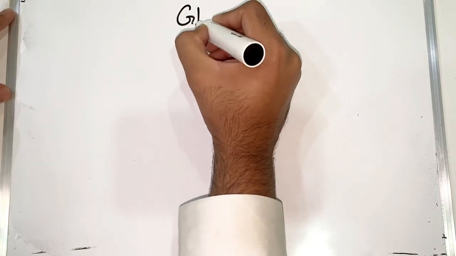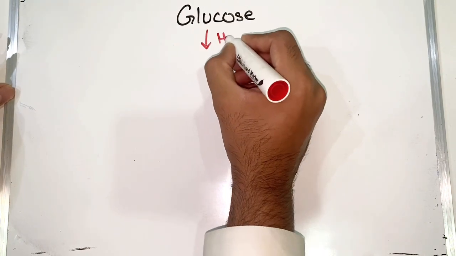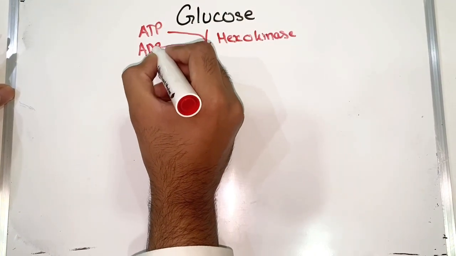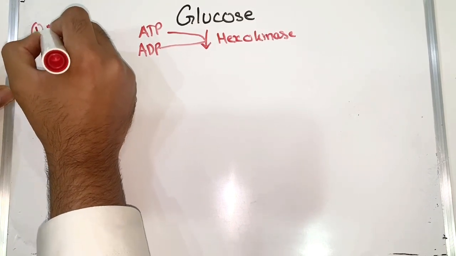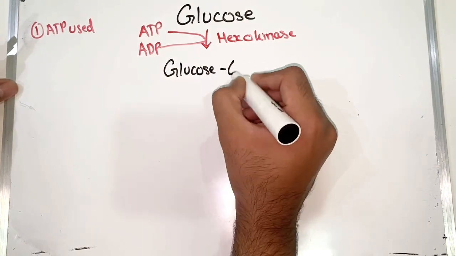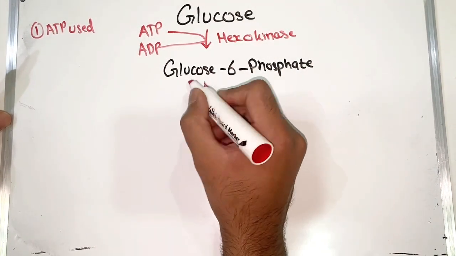Now let's see the 10 steps of glycolysis. The process starts from glucose, in which the enzyme hexokinase and the consumption of ATP will convert glucose into glucose 6-phosphate. Here it is the first step where ATP is used and it is an irreversible step.